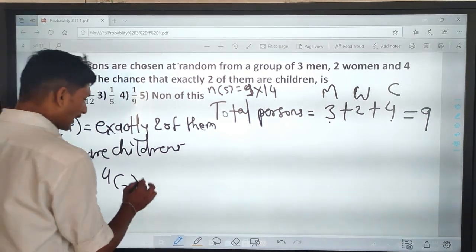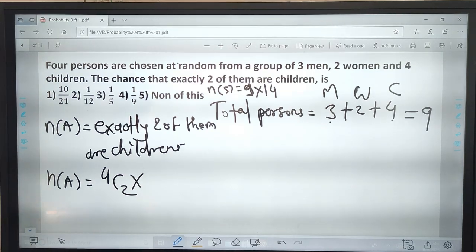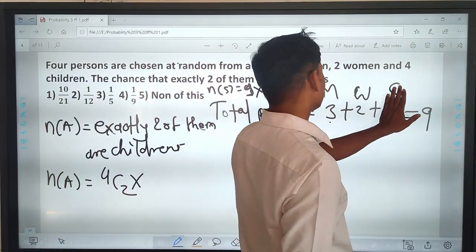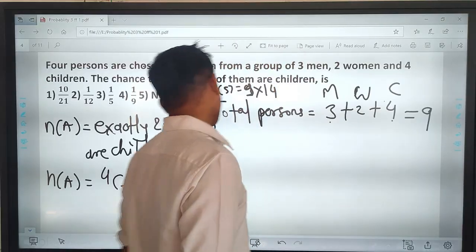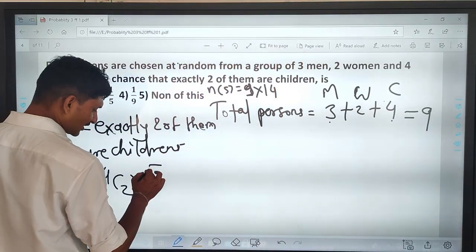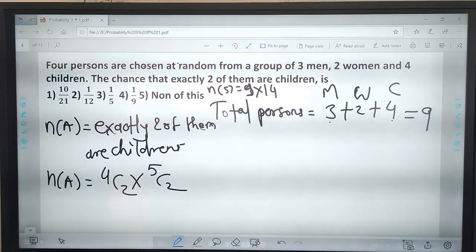Then the remaining persons are 5. From those 5 persons, 2 persons are selected.